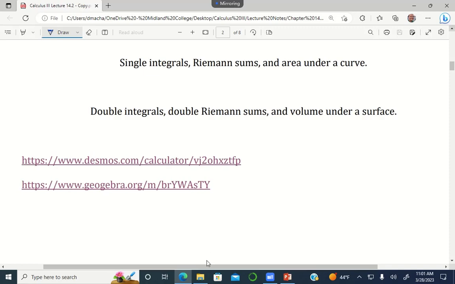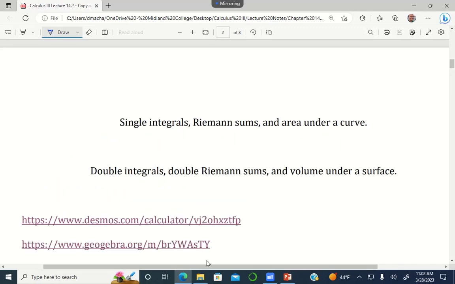So, whenever we were talking in Calculus 1 about single integrals, you probably talked about Riemann sums, where you just add up the areas of rectangles. And the areas of those rectangles approximated the area under a particular curve.